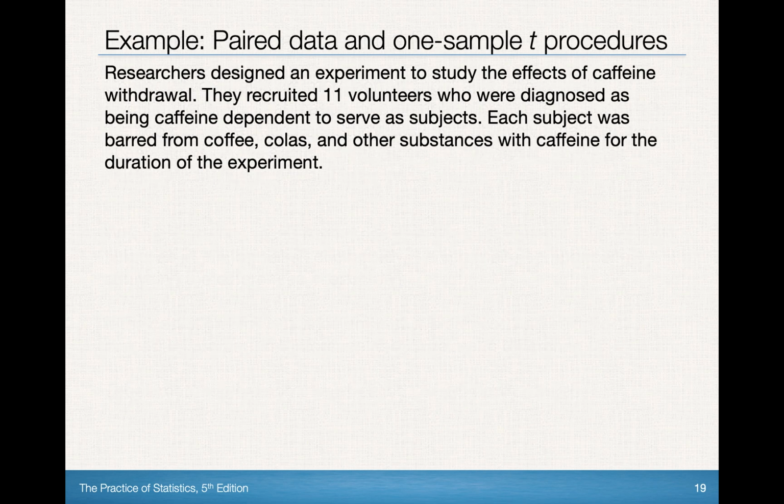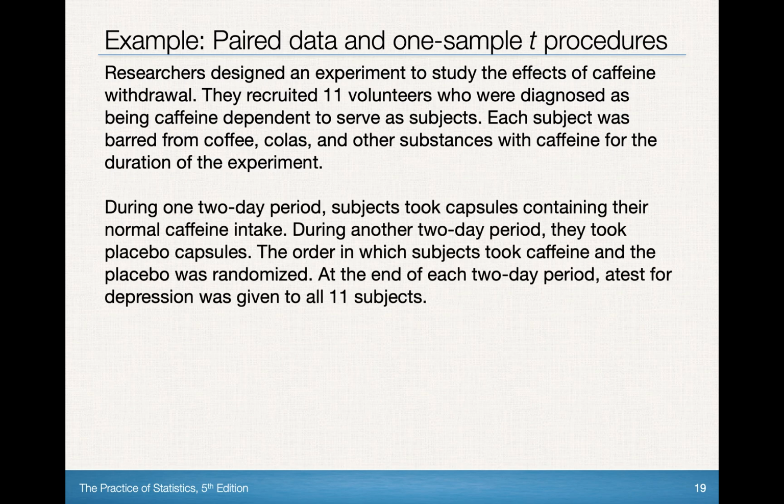So we're going to look at an example. A researcher designed an experiment to study the effects of caffeine withdrawal. They recruited 11 volunteers who were diagnosed as being caffeine dependent or addicted to caffeine. Each subject was barred from coffee, colas, and other substances with caffeine for the duration of the experiment. Now, what they did was during one 2-day period, subjects took capsules containing their normal caffeine intake.